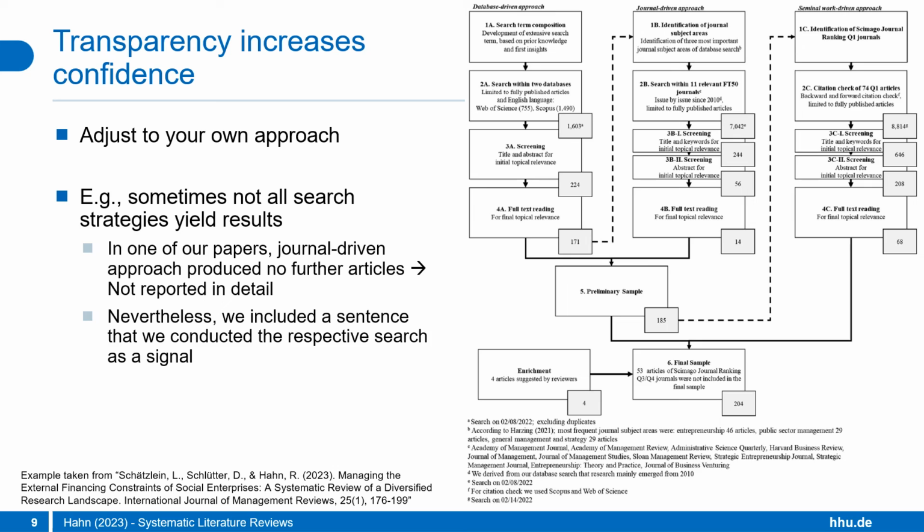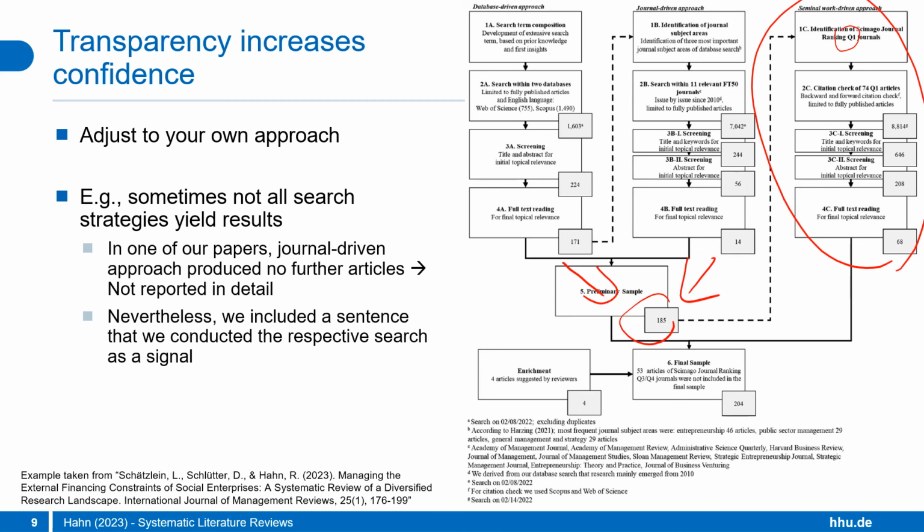And then we came up with the third strategy, the seminal work-driven approach. Our preliminary sample from the two other approaches was 185 articles. So we went for the journal approach that I mentioned previously. We looked at all the ones that were in the first quartile of the Scimago journal ranking in terms of impact factor citations.